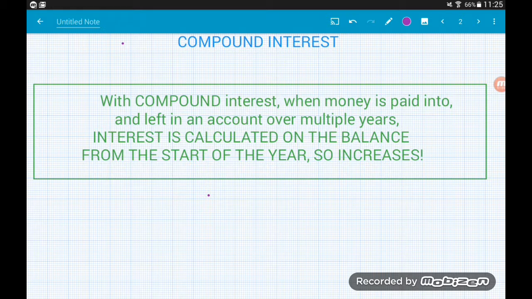Then in the second year, I earn interest on the original amount of money plus the interest that I earned in the first year. With simple interest, remember the interest did not change at all. We got paid exactly the same amount every year. Compound interest is better. It increases from year to year. Okay, let's run through some examples.